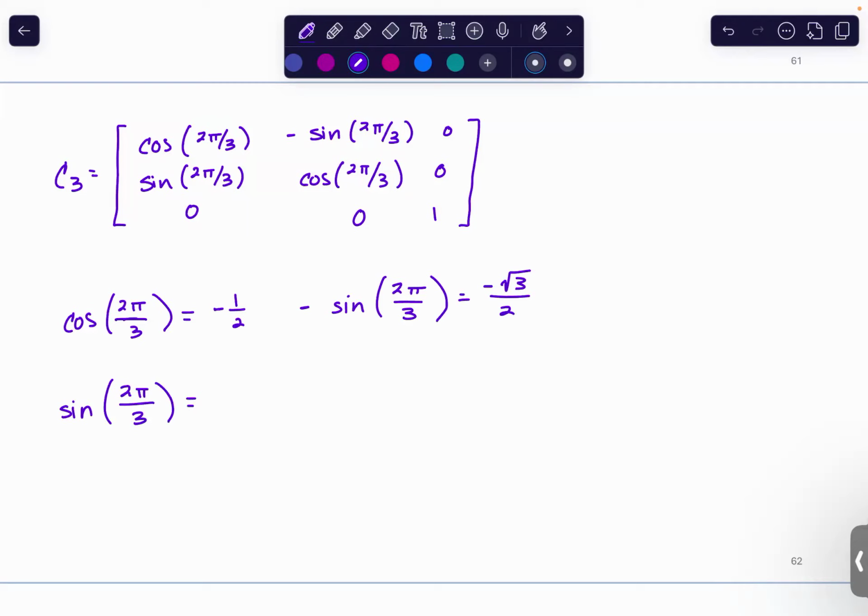Sine of 2 pi over 3 is going to be the square root of 3 over 2. And then, of course, our cosine again. So you could put in these fractions from one of those trig locations. And some books do that, and that's perfectly fine. Just know that that's where it's coming from.